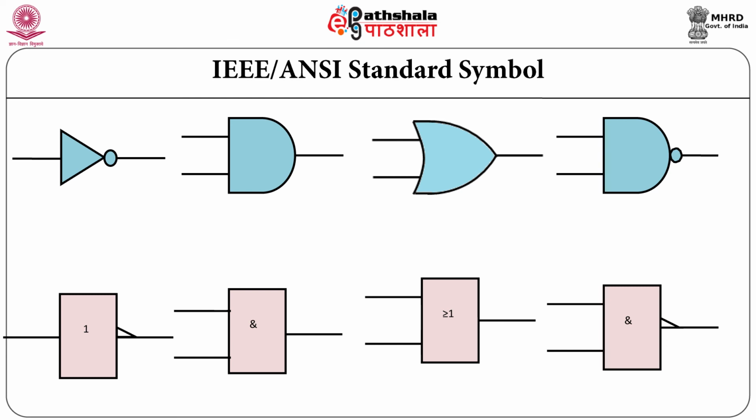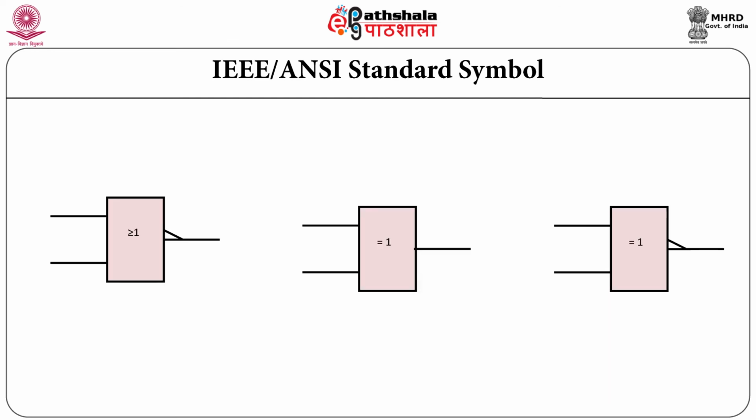American National Standards Institute, that is ANSI, and Institute of Electrical and Electronics Engineers, IEEE, have recognized both distinctive shapes and rectangular outline symbols for the logic gates. Rectangular outline symbols are preferred while representing complex logic circuits.